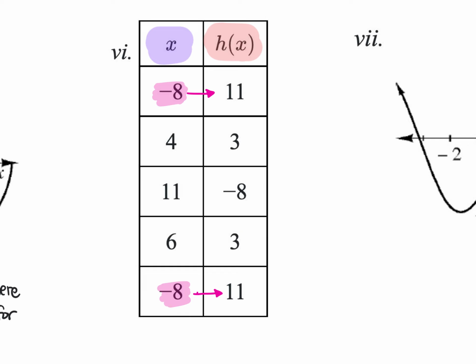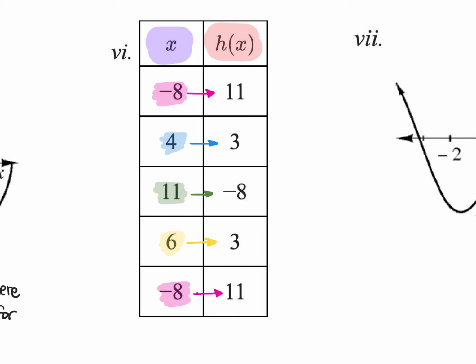Let's take a look at our other inputs. Here we have an input of 4. There's no other inputs of 4 except for this one. It gives us an output of 3. Here we have an input of 11. It results in an output of -8. It's the only input of 11. Here we have an input of 6, and it results in an output of 3.